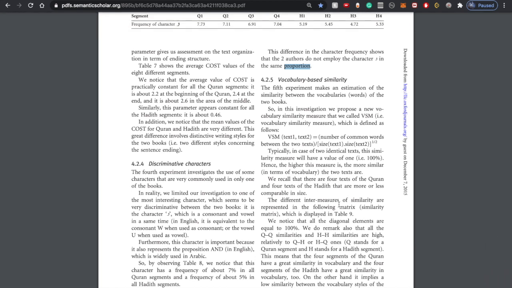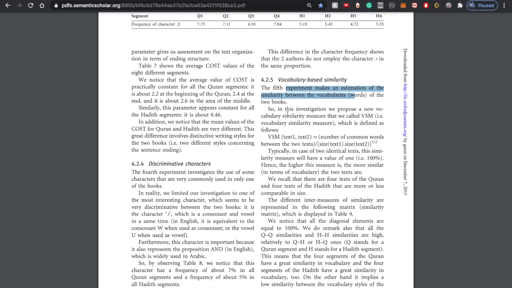Okay, so the next experiment, they were looking at the similarity between the vocabularies of the two books.